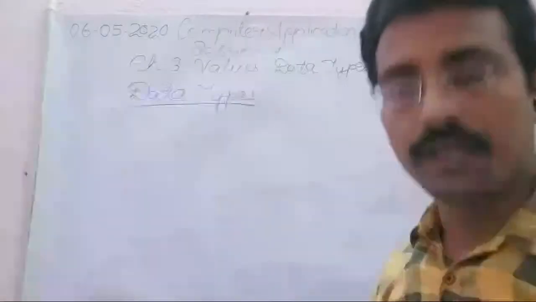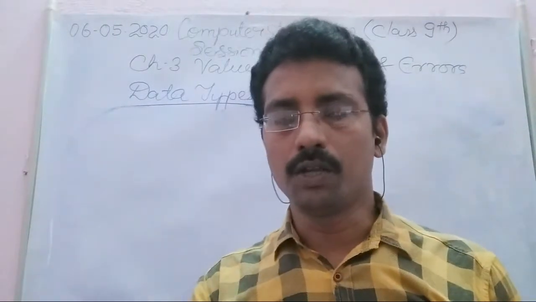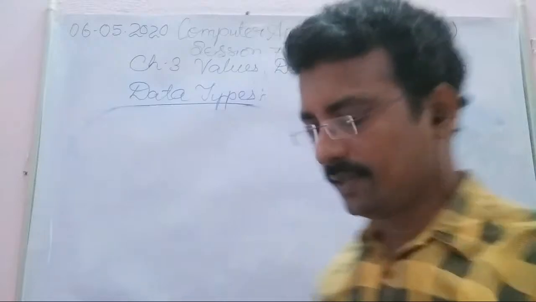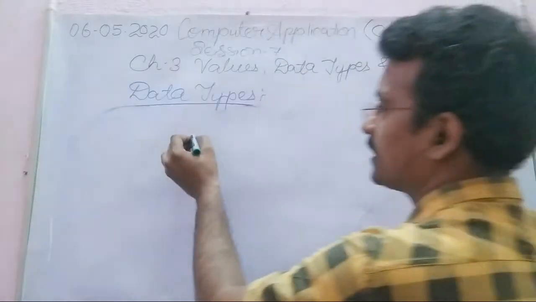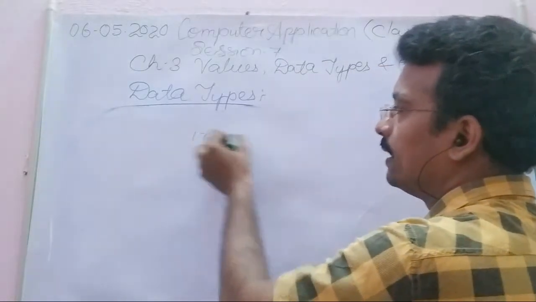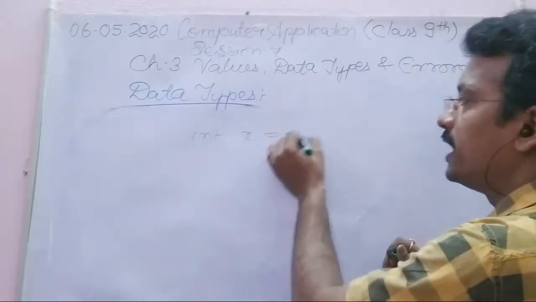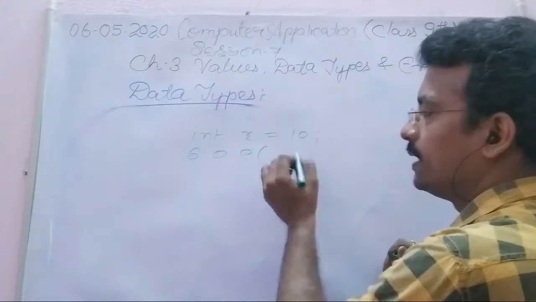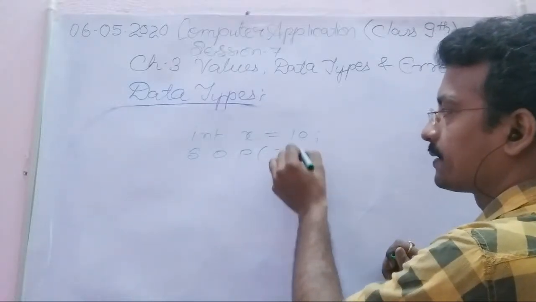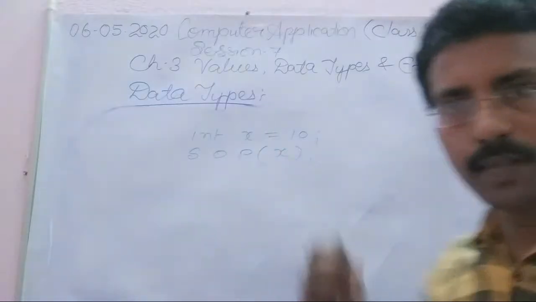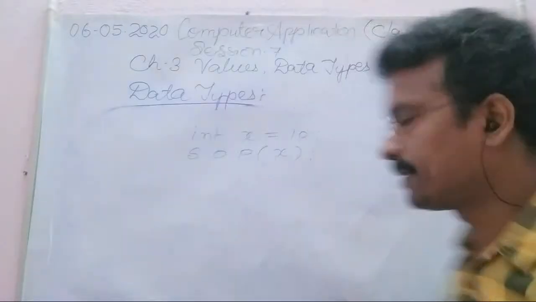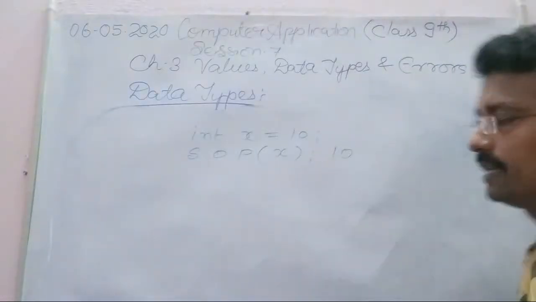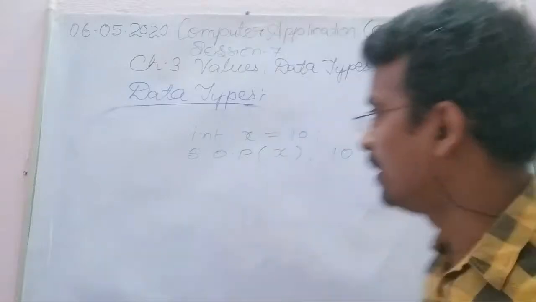Now we are going to see some types of operations over the variables. For example, suppose it is given integer x equal to 10, and you are set to print it. System.out.print, you have written x. What will be the output? Okay, I can guess you are telling 10. Exactly, you are correct. How is it possible?